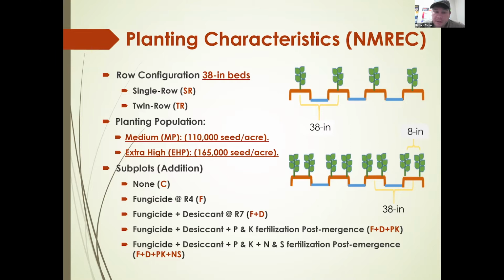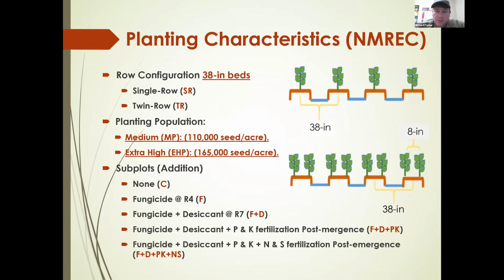So same layout for the North Mississippi Research and Extension Center, but because they're on 38-inch beds, it did change slightly, mainly because we changed the row orientation, but we wanted to keep the same 8 and 12 seeds per foot.